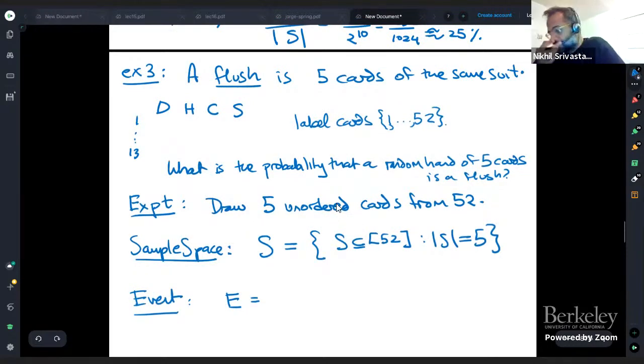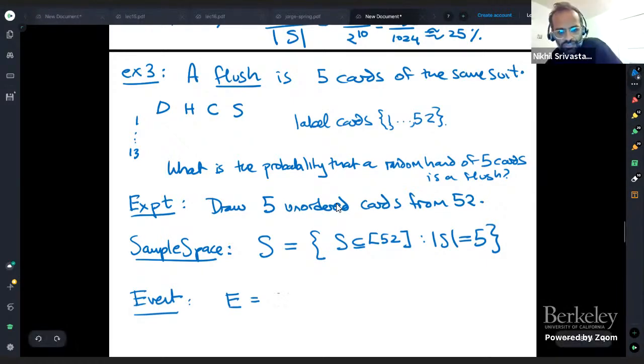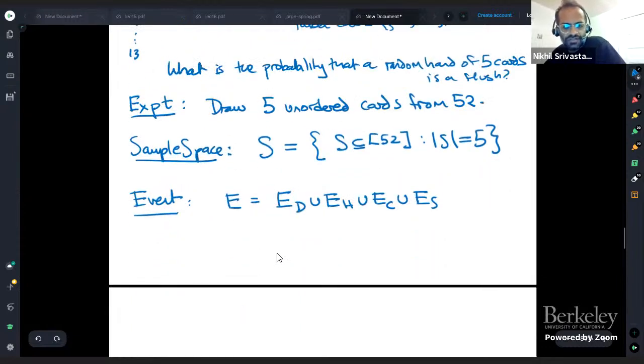So it's just a counting problem now. How do you choose a hand that's a flush? First, you choose the suit, so that's 4 ways, and then within a suit, you choose 5 from 13. Exactly. So this E is actually a union of 4 sets: E sub D, E sub H, E sub C, and E sub S. Oh no, I shouldn't have used S. Sorry, this is very bad.